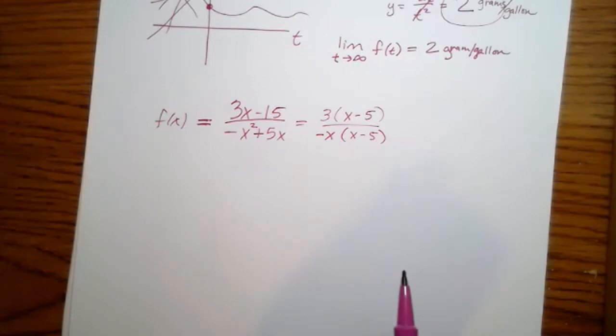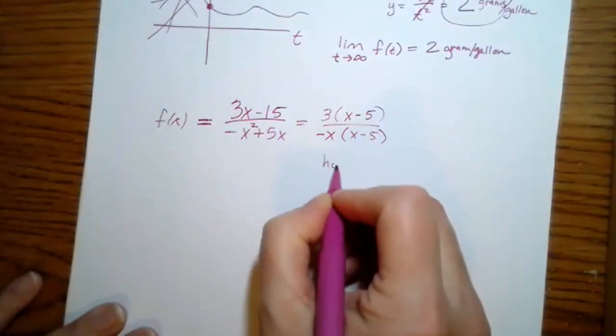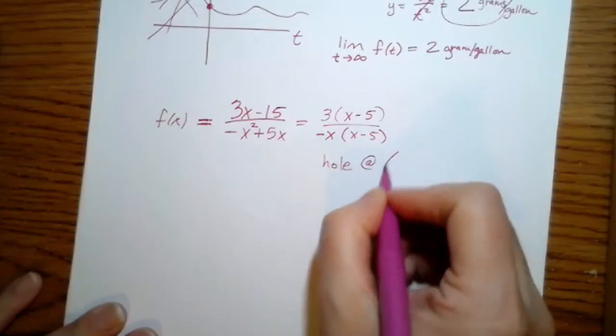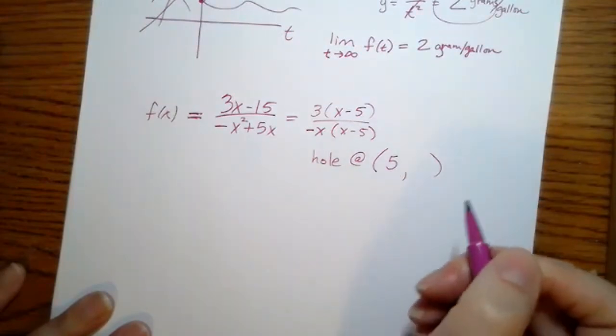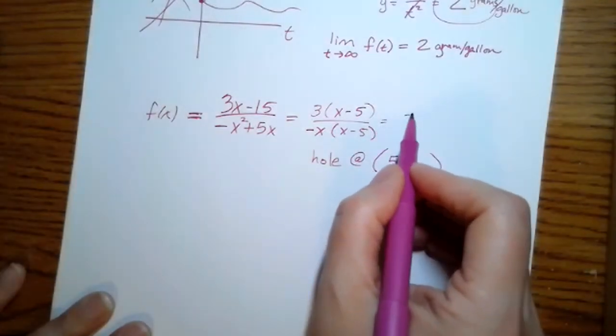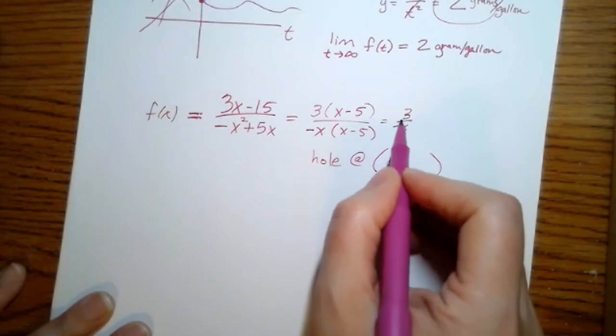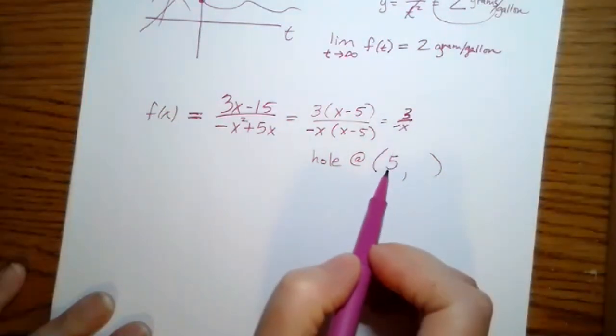What does that mean when there's a common factor? Everybody should know this. You're scaring me, you guys. What does it mean? There's a hole. Oh, yay. Okay, good. There's a hole. Where's the hole? Positive 5. Good. Okay, so there's a hole at positive 5.